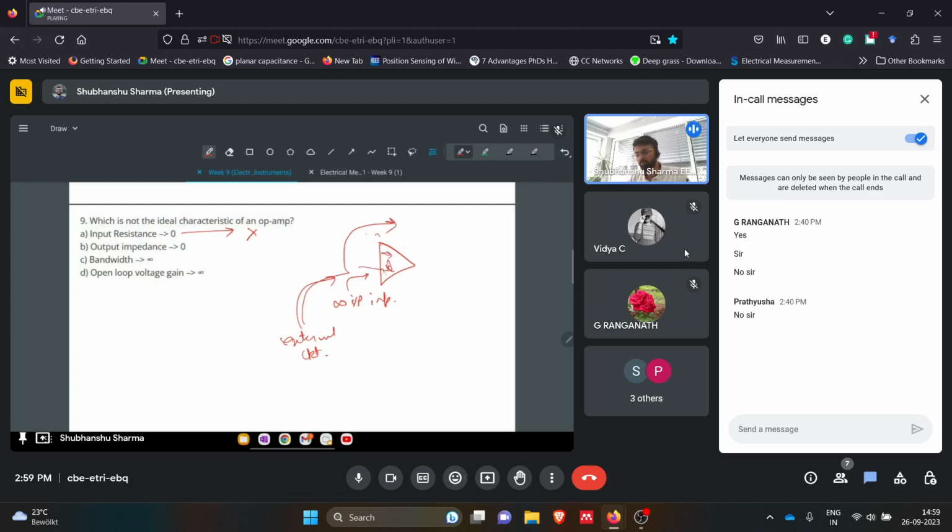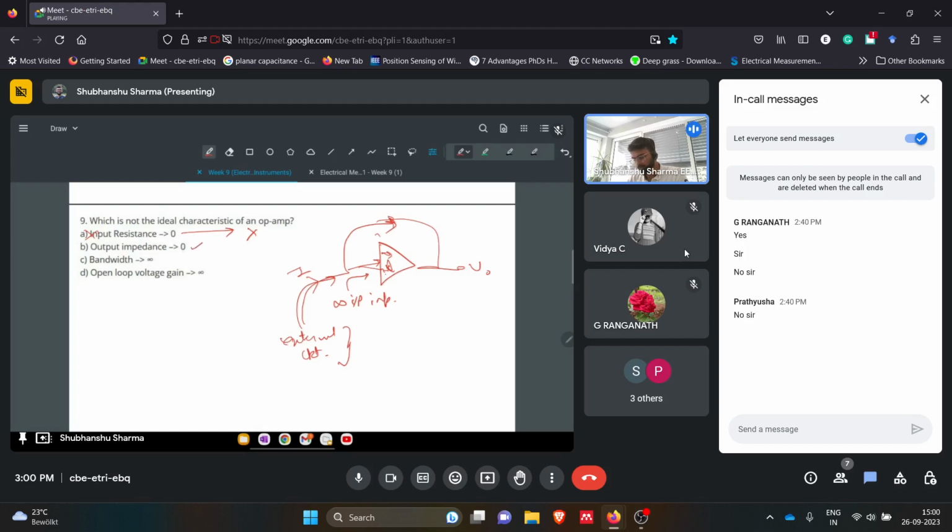We needed some current which is being injected from the external circuit, and we needed that same current at the output, but we will not get that because some of the current will go inside this op amp, and that is what we don't want. So that's why this op amp should have high input impedance. So definitely, this is not the ideal characteristic of an op amp.